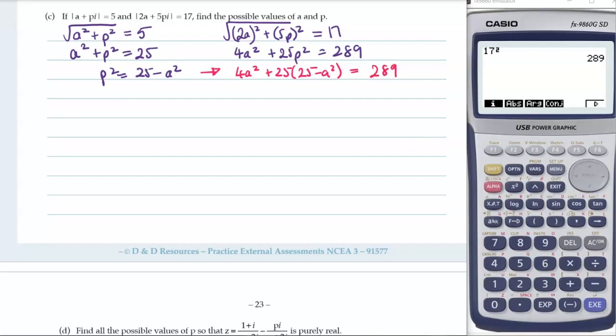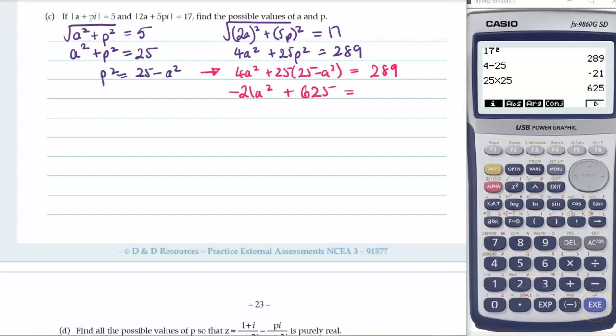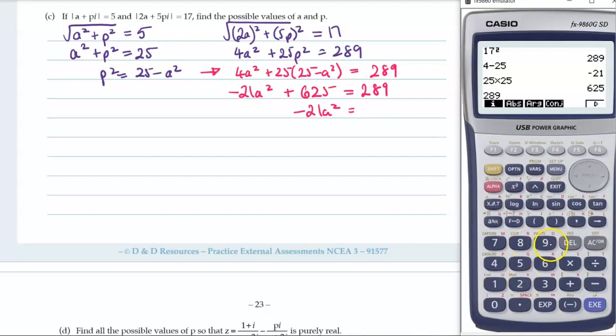So we end up with 4a squared minus 25a squared. So 4 minus 25 is minus 21a squared, plus 25 times 25 is 625, is equal to 289. So minus 21a squared will be 289 minus 625.